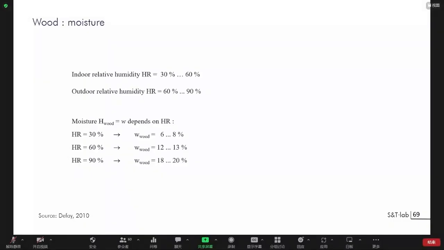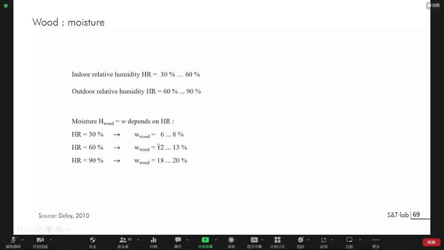What about the variation? You see that there's a kind of equilibrium in timber that is connected to the moisture you have in the timber. And so the idea would be that if you want to control this, you have to find the level of intrinsic water that corresponds to the condition in which the timber will be used. And then you will lower this shrinkage phenomenon appearing in timber.